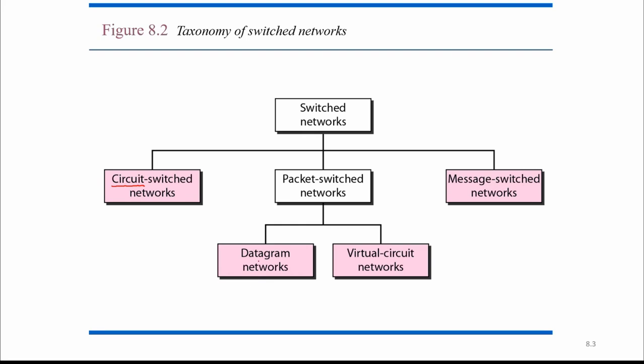One packet will be one datagram. So here the data will be sent in the form of packets, and each packet will be equivalent to a datagram. The virtual circuit network is a combination of the circuit switched network and the datagram network. It will have the properties of both types of networks basically.